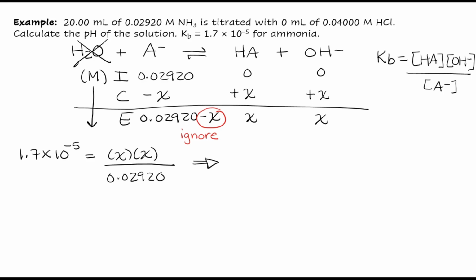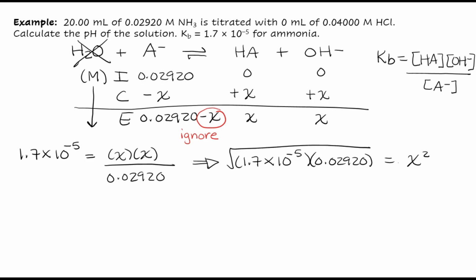If we cross multiply, we get 1.7 times 10 to the negative 5 times 0.02920 equals x squared. So we'll take the square root of each side, and that will allow us to solve for x. Taking a look at our sig figs, we have 2 sig figs in Kb, 4 sig figs in our molarity.